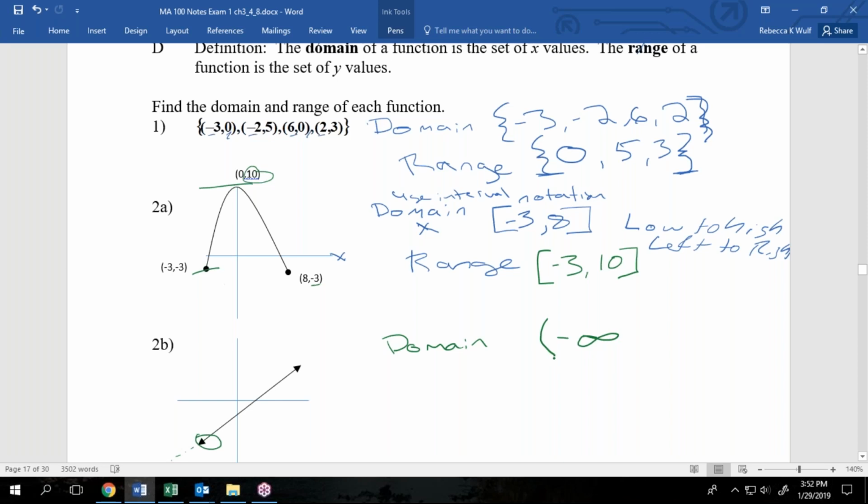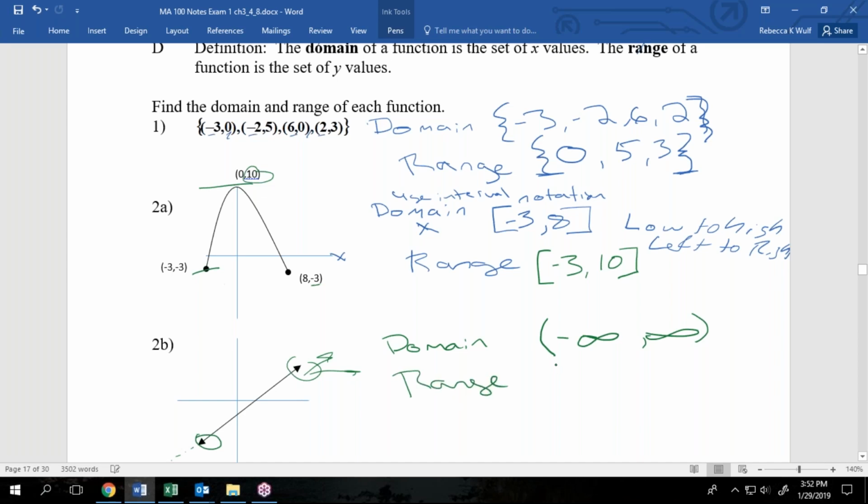Now, in interval notation, we always use curved parentheses with infinity signs. That's just the rule in math because it's not an actual solid finite number, right? It's infinite. And how far right does it go? Well, eventually, it's going to keep going up, but as it's going up, we're also going over. So domain is -infinity to infinity.